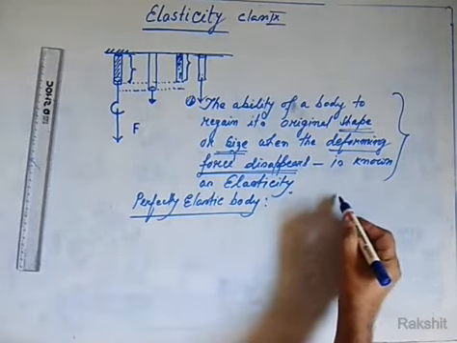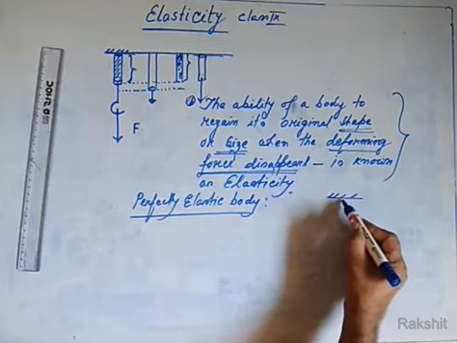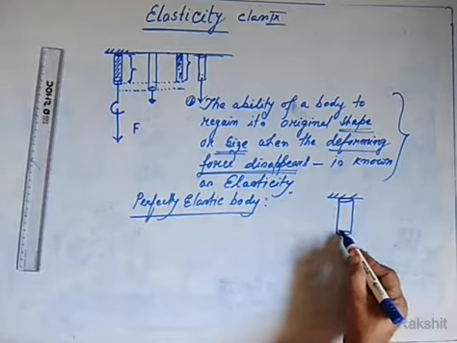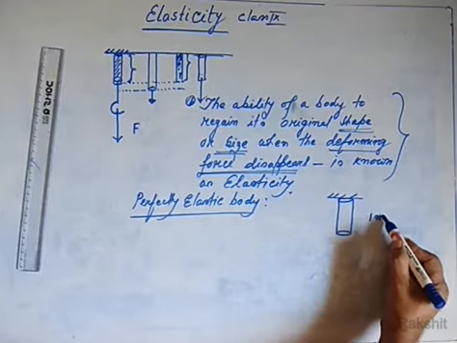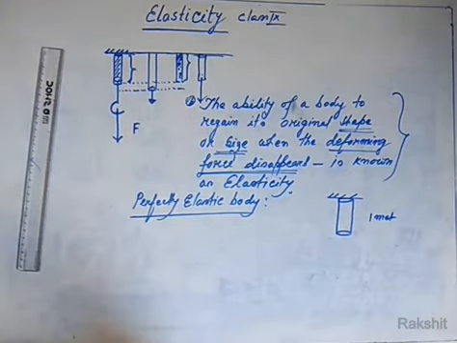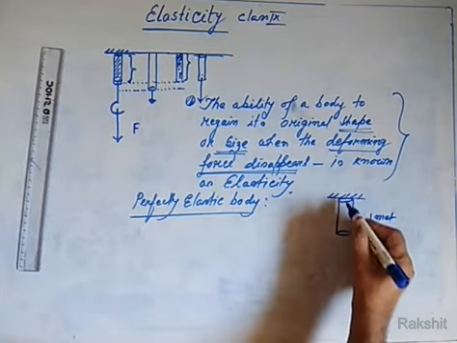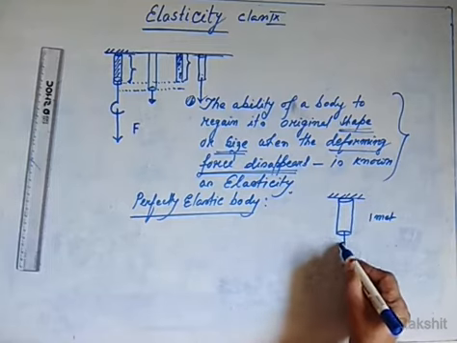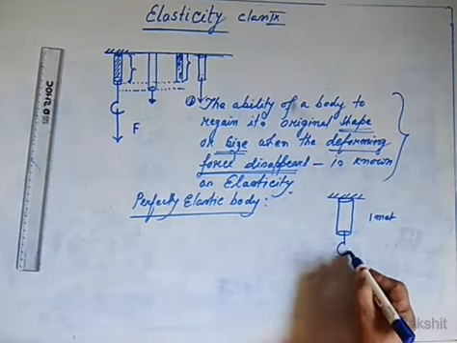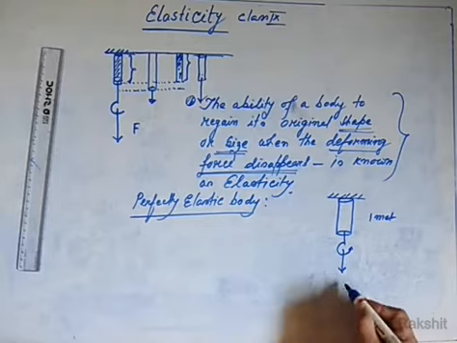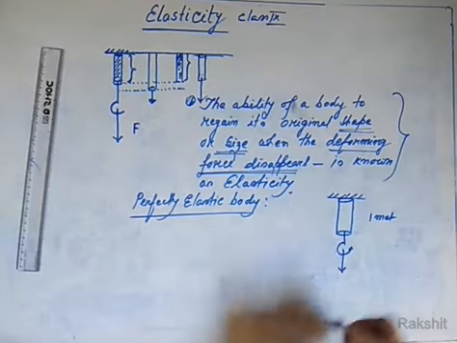Suppose we have taken a rubber tube of length 1 meter. Okay. And this is attached to the ceiling, and there is another hook here, and this hook is made to apply a force. Suppose you are pulling from here to elongate this.